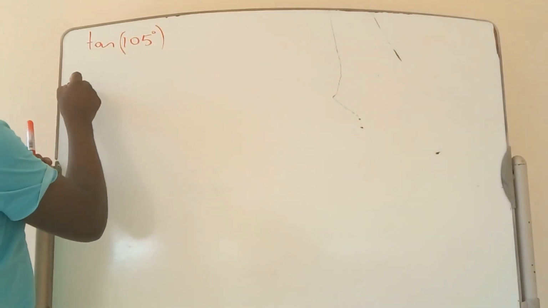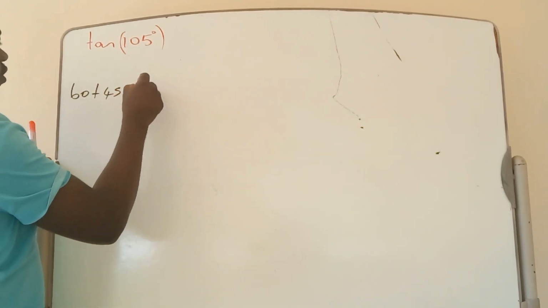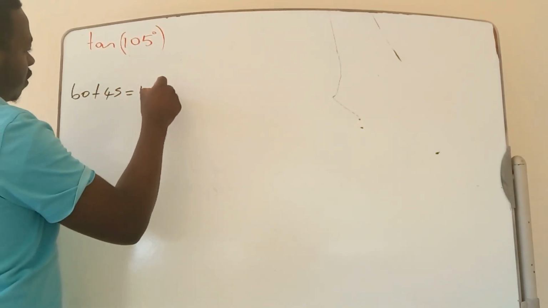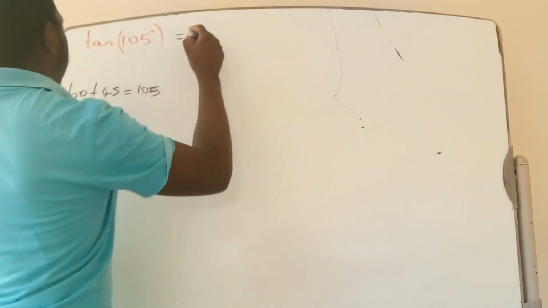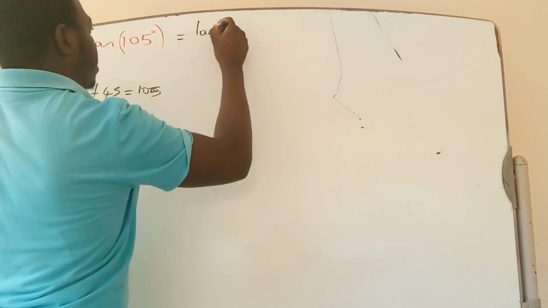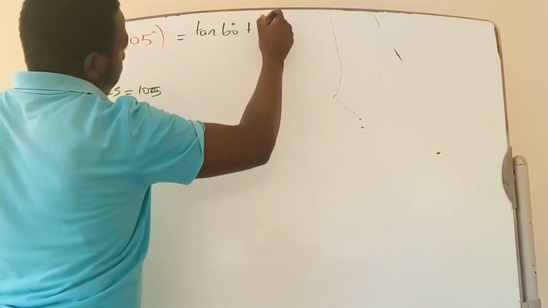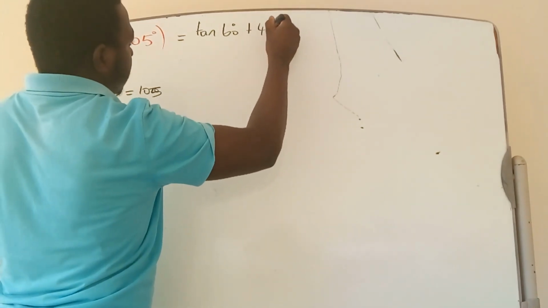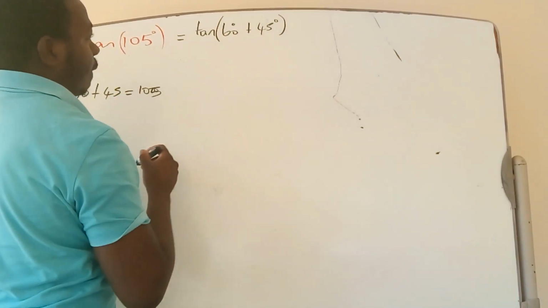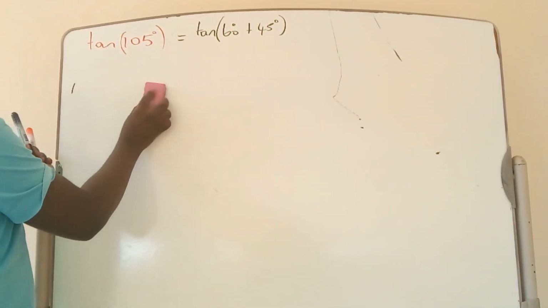Well, if you add 60 plus 45, that's equal to 105. Right? So this is the same thing as tangent of 60 degrees plus 45 degrees, right? Clear there?